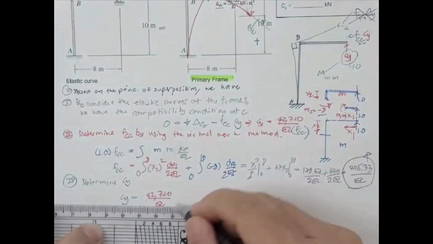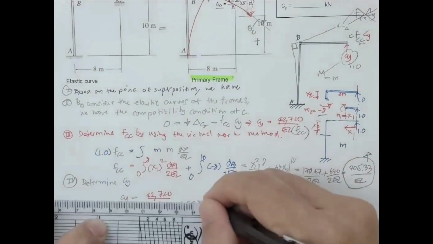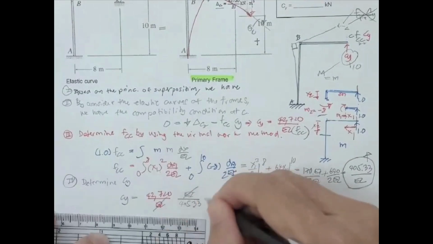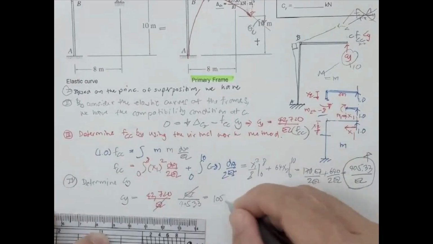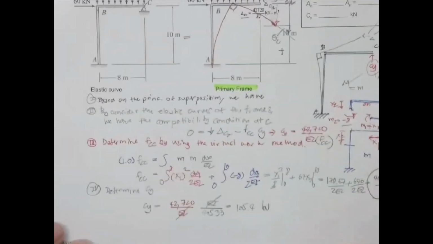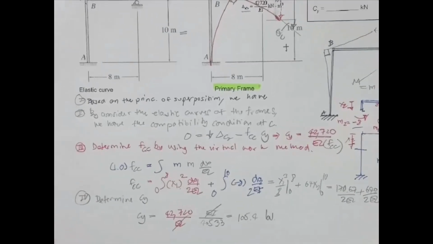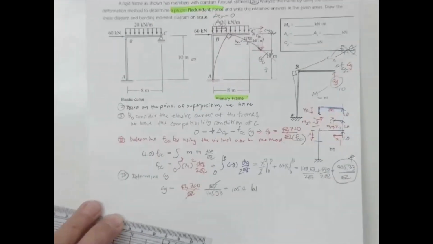And then this one, 405.33 over EI. Cut. C sub y is gonna be 105.4 kilonewton. Okay, you get the C sub y. Now, you just take the frame over here.